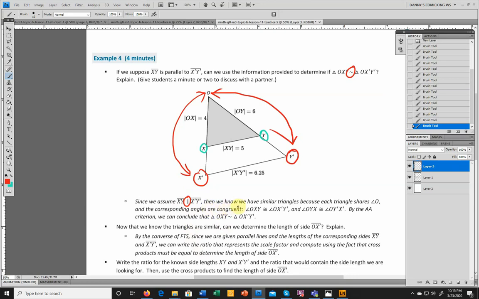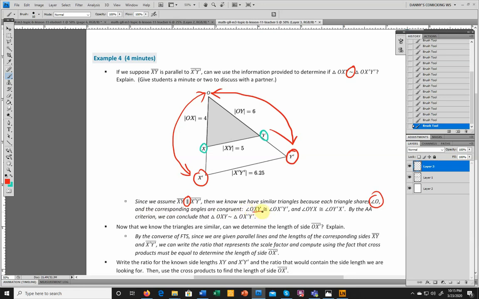We know that we have similar triangles because each triangle shares an angle with O, and the corresponding angles are congruent.